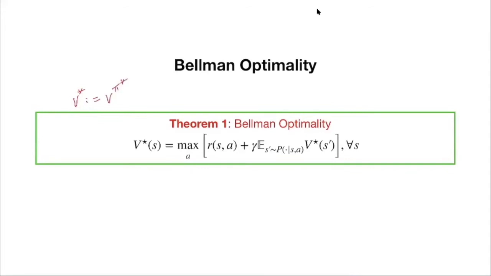If I look at the optimal policy's value function, it must satisfy this one-step relationship. V star of S can be written as the max over all actions, and inside this max are again two terms: the one-step immediate reward plus the total future outcome starting from the next time step. So this looks like the Bellman equation, but now we are doing this max over the action set.